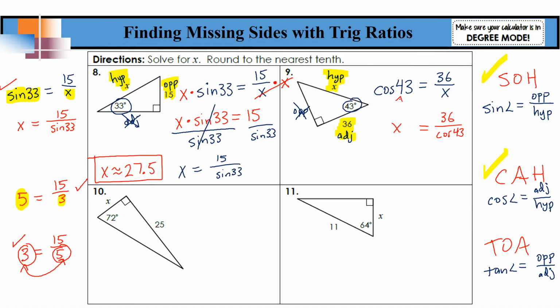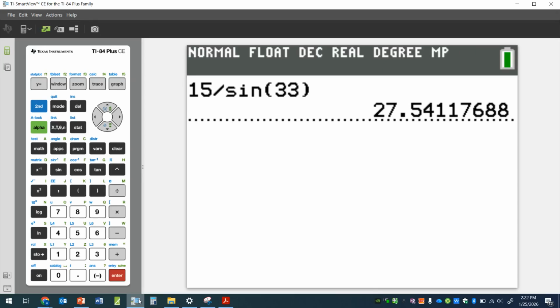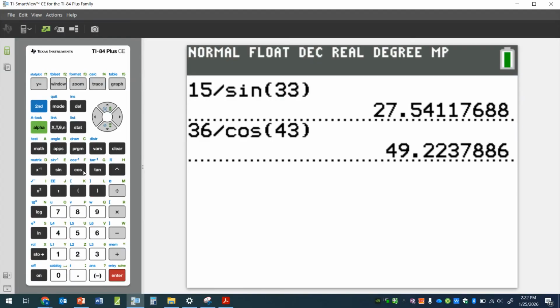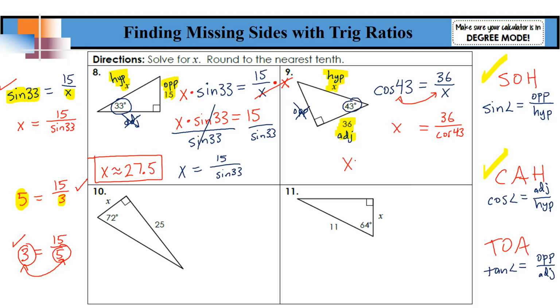We can switch the location of x and cosine of 43, and our equation still remains true. Now we can go ahead and type that into our calculator. And when we do, 36 divided by cosine of 43, we get our answer to be approximately 49.2. X is approximately equal to 49.2. There's our answer.